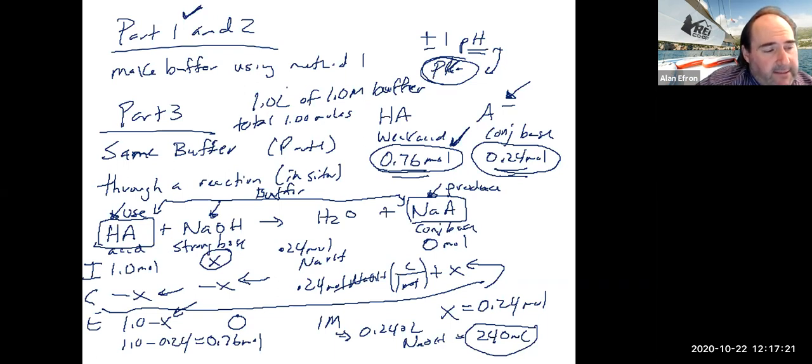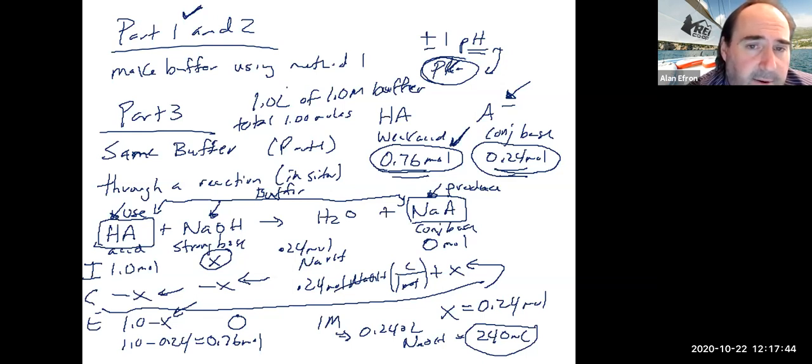You need to react it in a way that all of the strong acid or strong base gets completely used up, and you don't have any of it left over when it's all said and done. The only thing left over is your weak acid and conjugate base to make your buffer. So that's part of part 3.